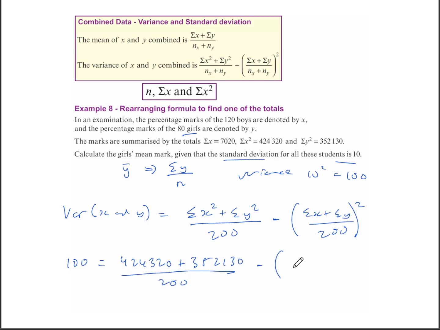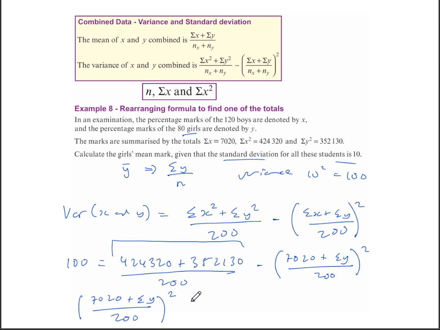Then we subtract by sum of x, which is 7020, plus sum of y, which we don't know, divided by 200 squared. What we end up getting after rearranging and finding the value for this fraction is the following: 7020 plus the sum of y over 200 squared is equal to 3782.25.